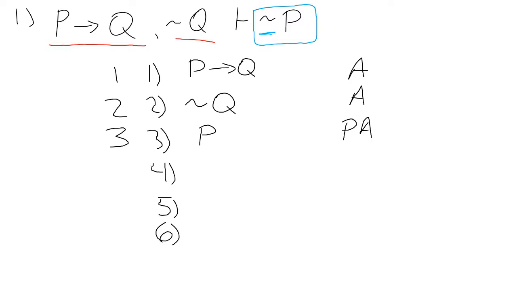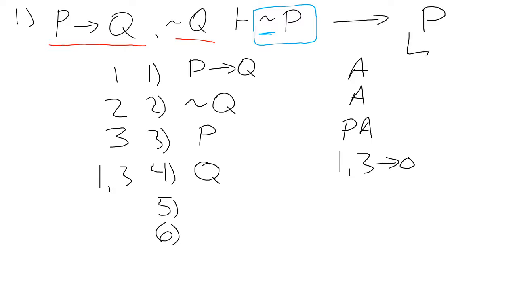So now, given what we've got, we can take this P in line 3 and toss it into line 1 to get Q. So that'd be from 1 and 3, arrow out. Then when we assume the opposite, we're going to look to get to some contradiction.